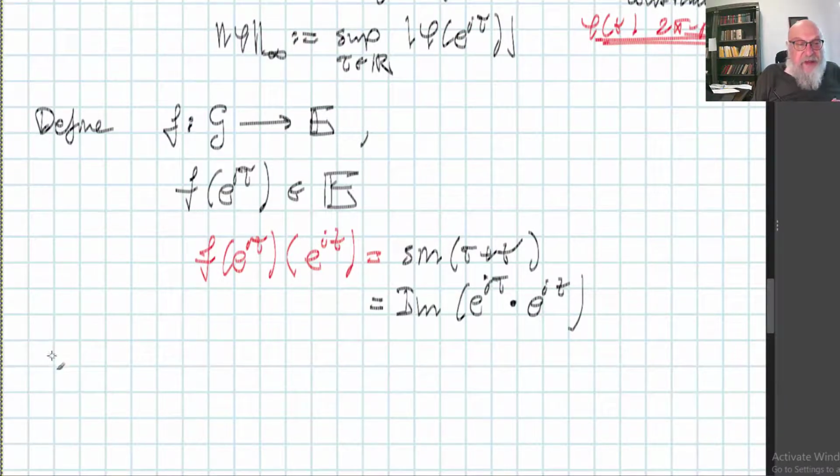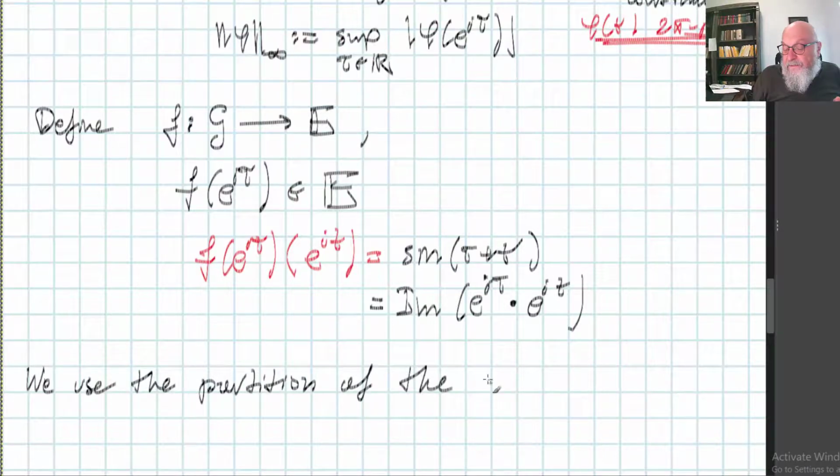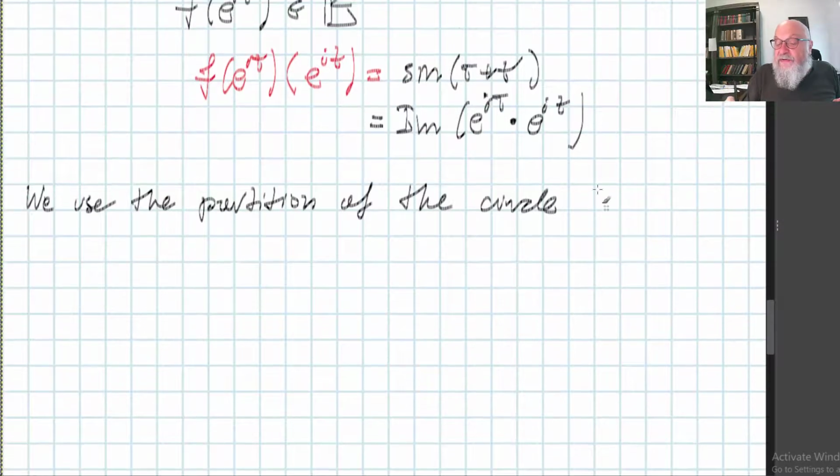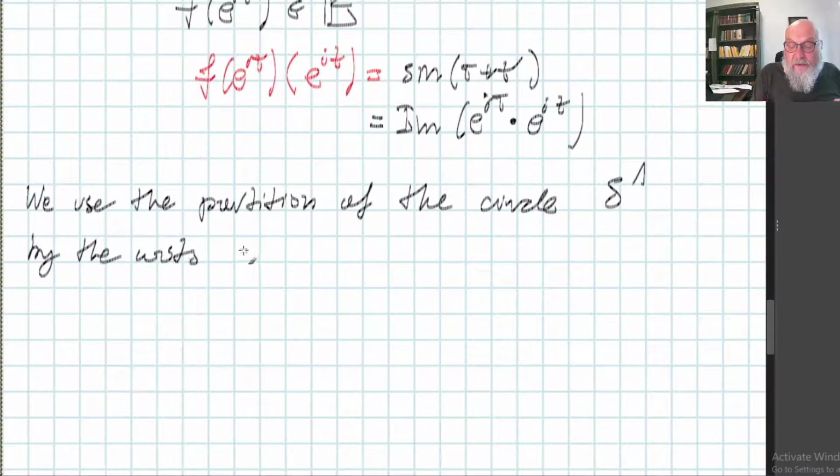So we will construct the sets E_n. We will use the partition of the circle S1 by the roots of identity.